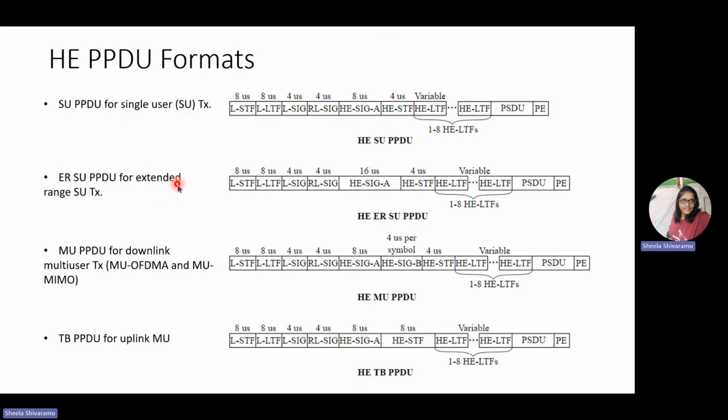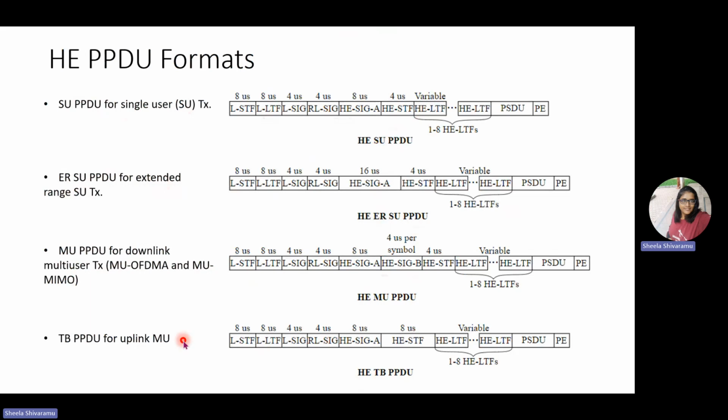The standard supports it, but it is not practically used because no chipset supports this mode of PPDU. In multi-user operation, that is MU OFDMA and MU MIMO downlink transmission, the HE MU PPDU frame format is used.